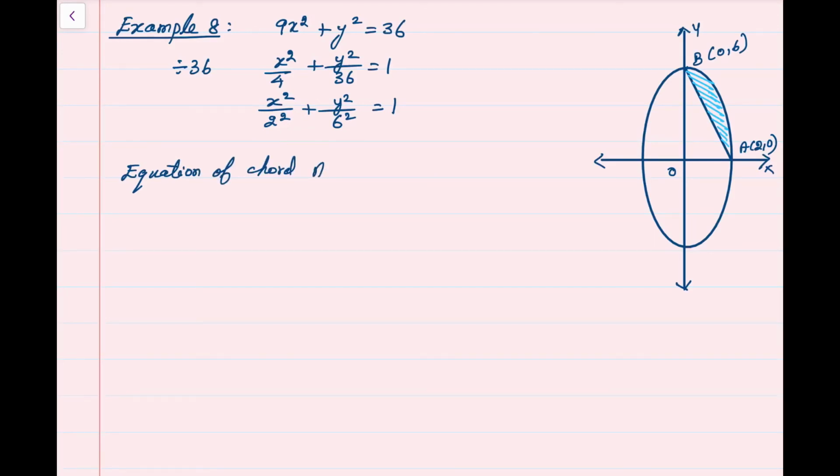Equation of chord AB using 2-point form: y minus y1 divided by y2 minus y1 equal to x minus x1 divided by x2 minus x1.